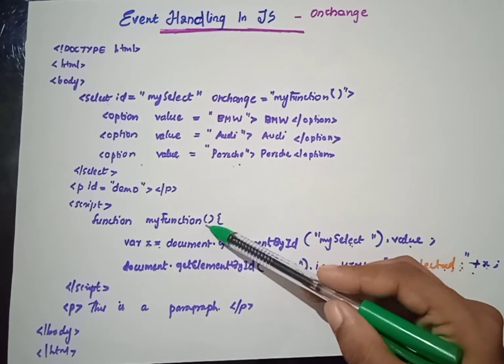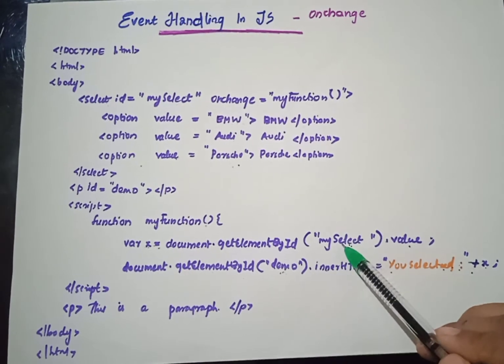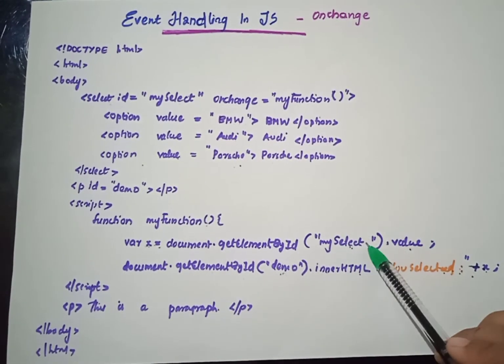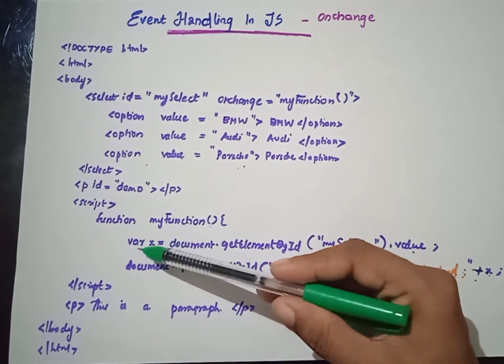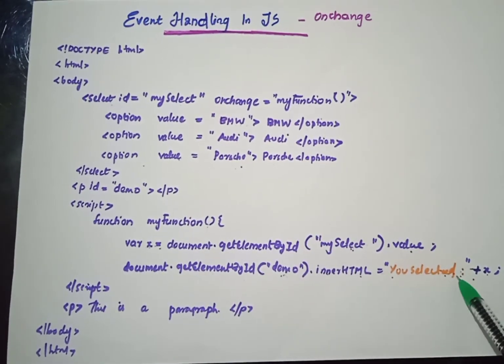Inside my function there are two different things. One, whatever value is selected by the user inside the drop down list having the id my select should be stored to the variable x, and then that should be displayed like this.